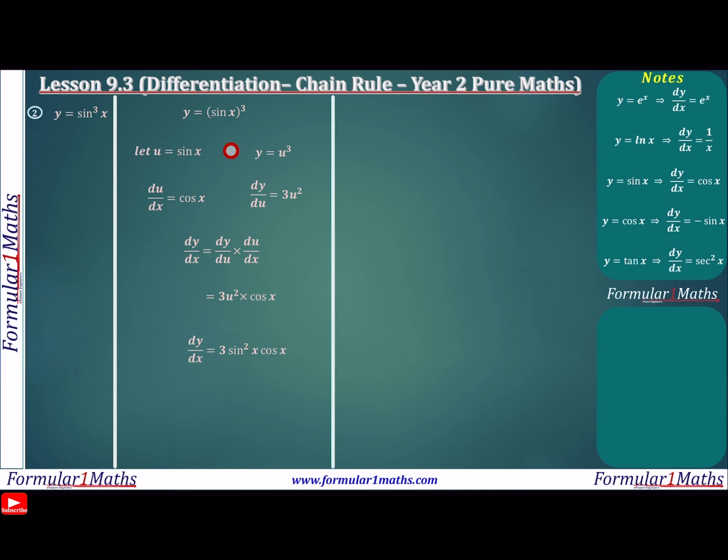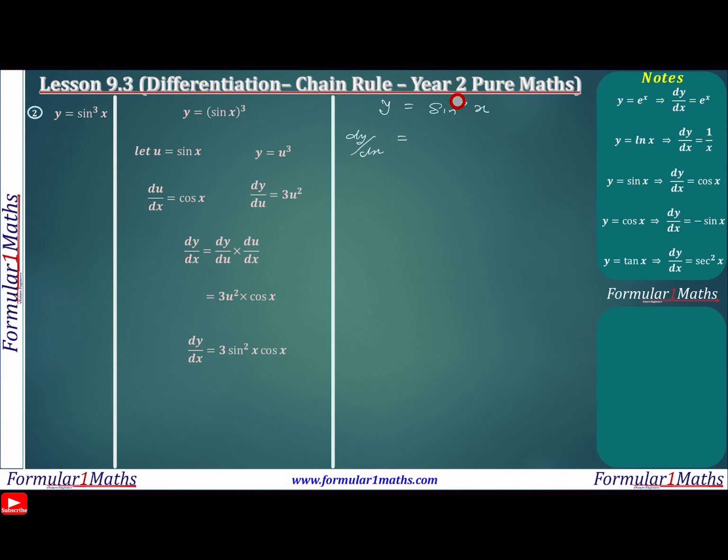So now let's see how we are going to do that without going through all this process. So I've got y is equal to sine cubed x. So dy dx will be equal to, the 3 comes down to multiply, and we reduce the power by 1.